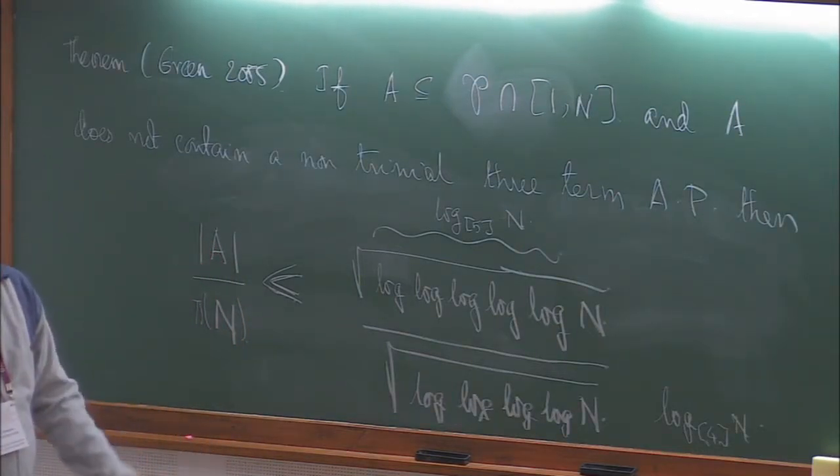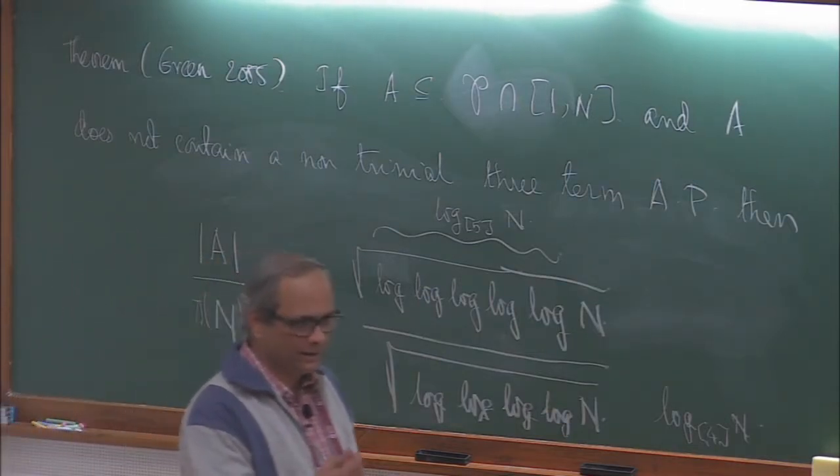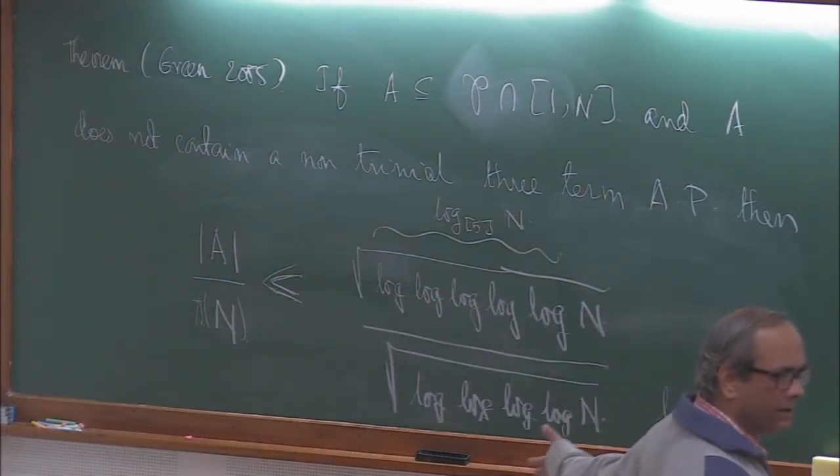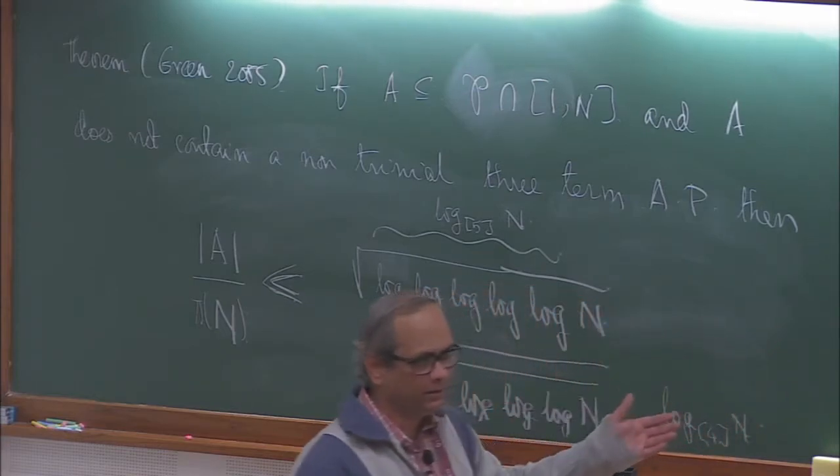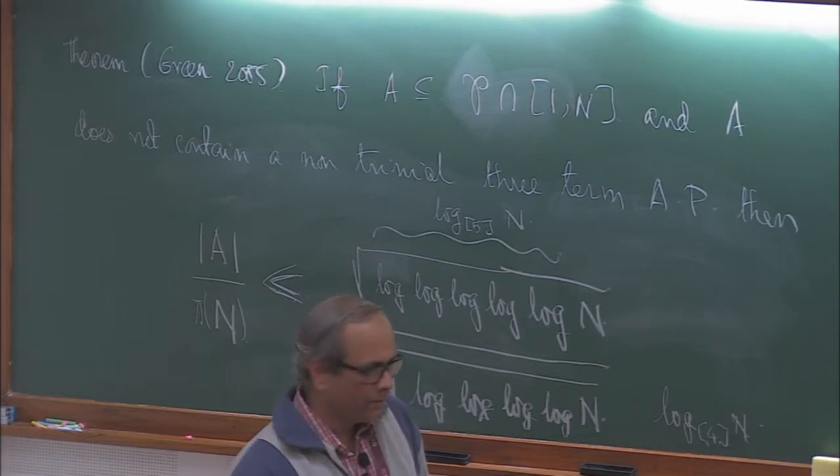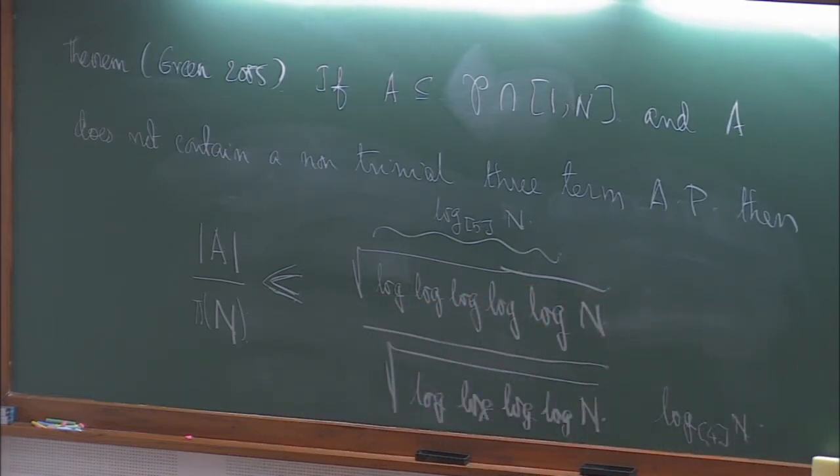if A is a subset of the primes having positive relative upper density, then in fact it contains infinitely many 3-term arithmetic progressions. Because once a subset has positive relative upper density in the primes, then you see there are infinitely many n for which the intersection of A with the primes up to n is greater than delta times pi n. I mean, if the upper density is say delta, then there are infinitely many n for which the cardinality of A by the number of primes is greater than delta by 2.